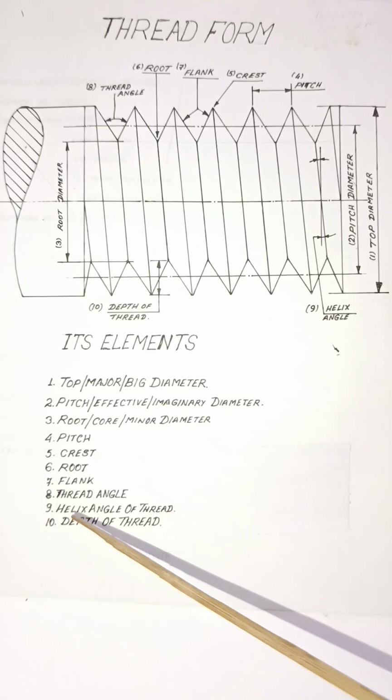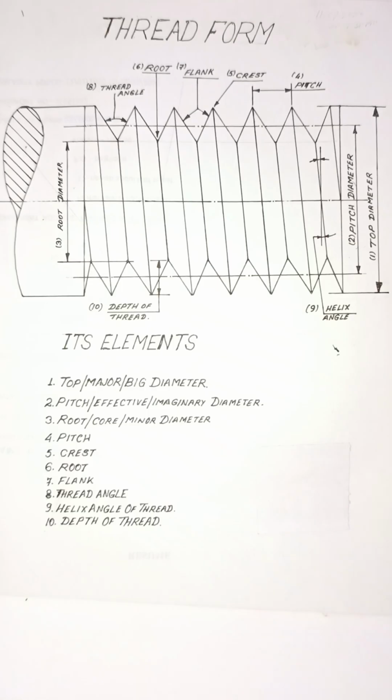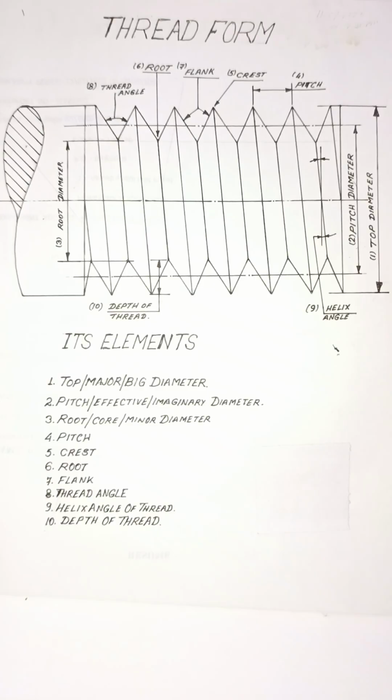Then helix angle of the thread. This is also very important, and we have to set it while we are cutting thread. This is important when we cut threads in a thread grinding machine.